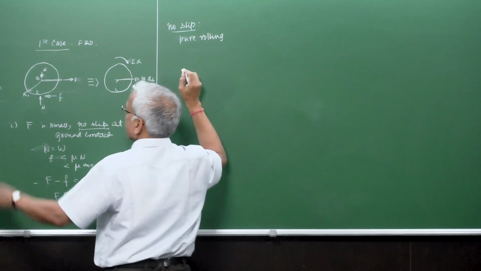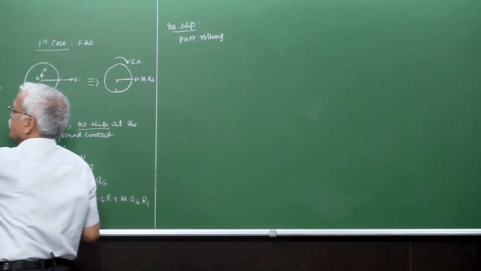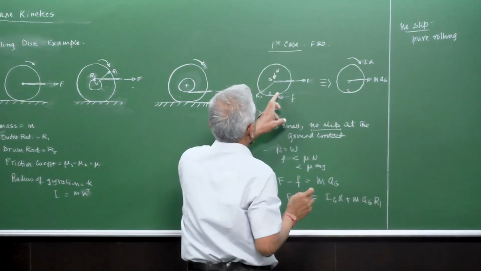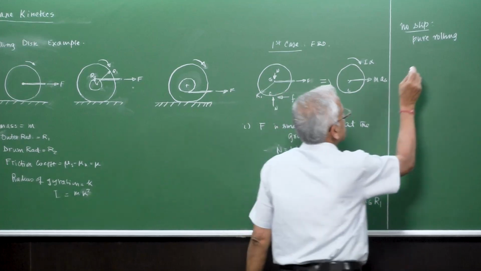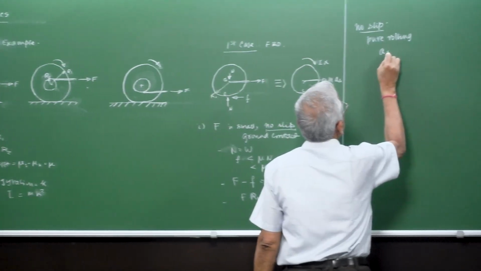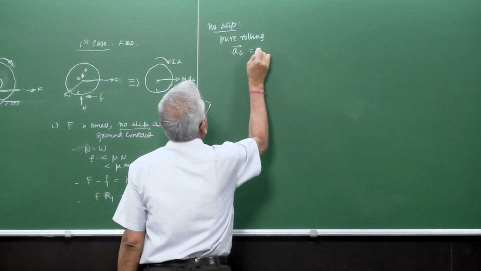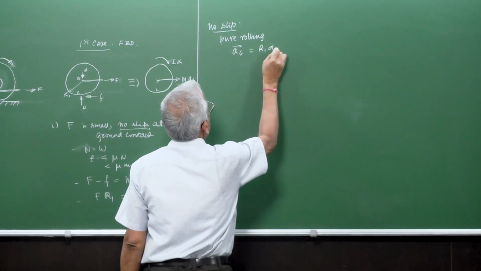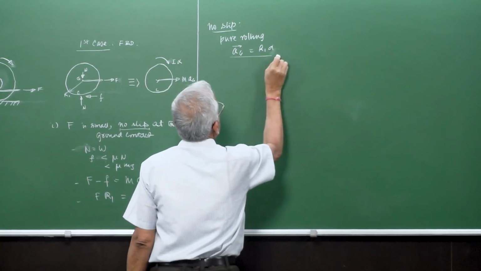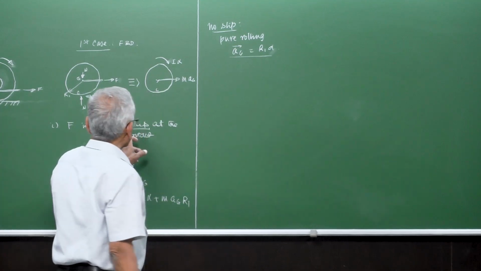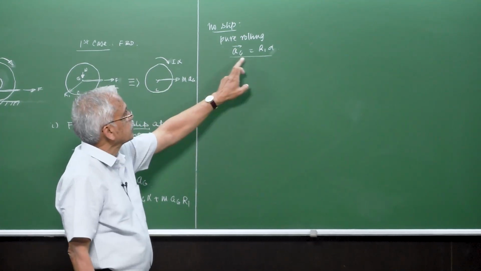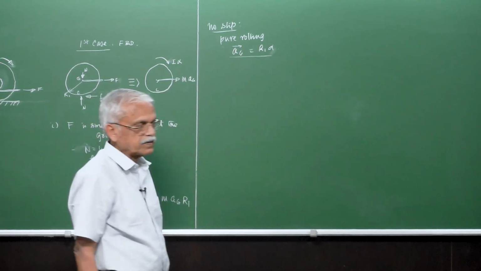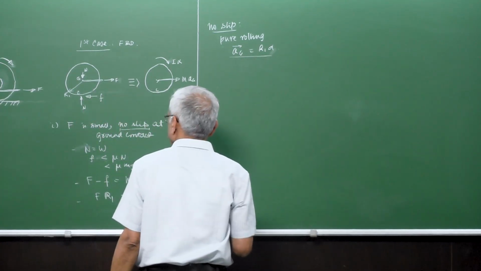Which means that the velocity of the center point is omega times R1, and similarly the acceleration of g is R1 times alpha. So these two things, no slip and pure rolling, go together. This is what we are assuming.